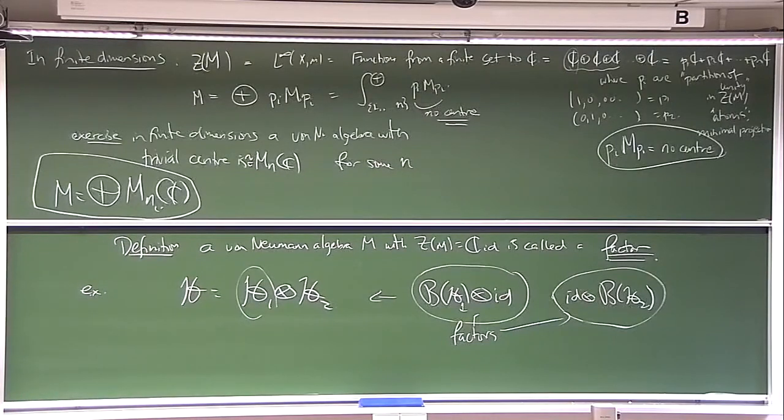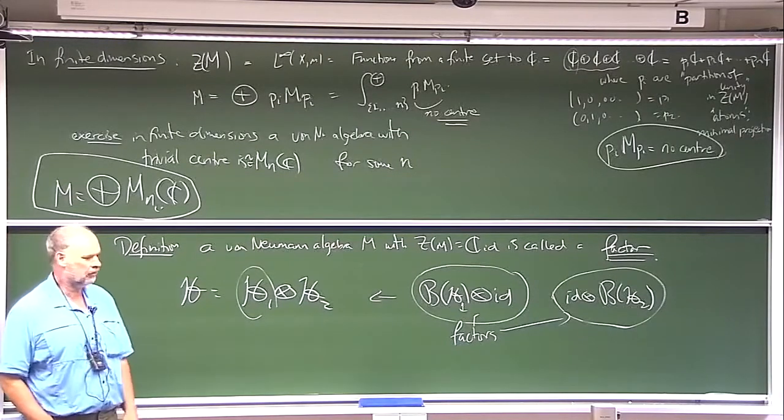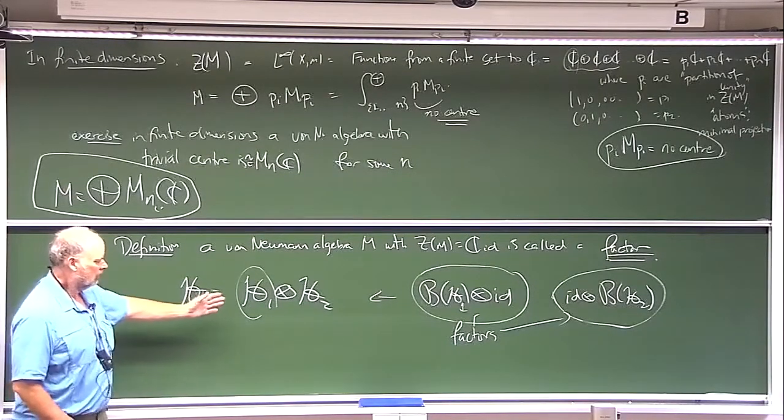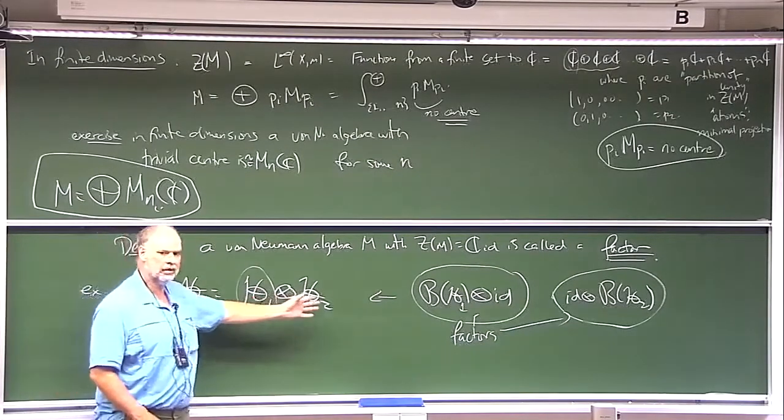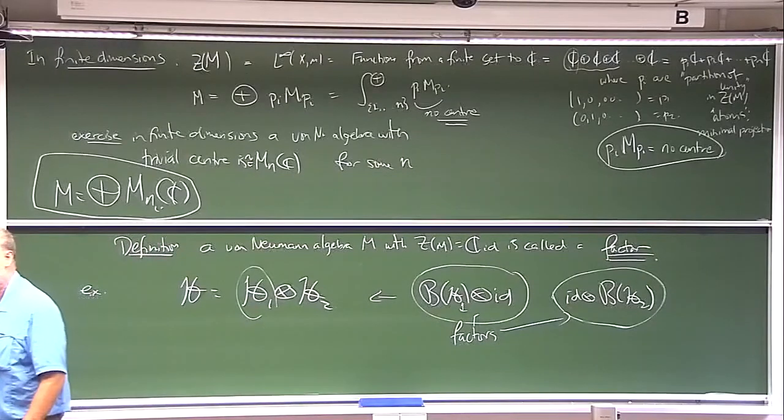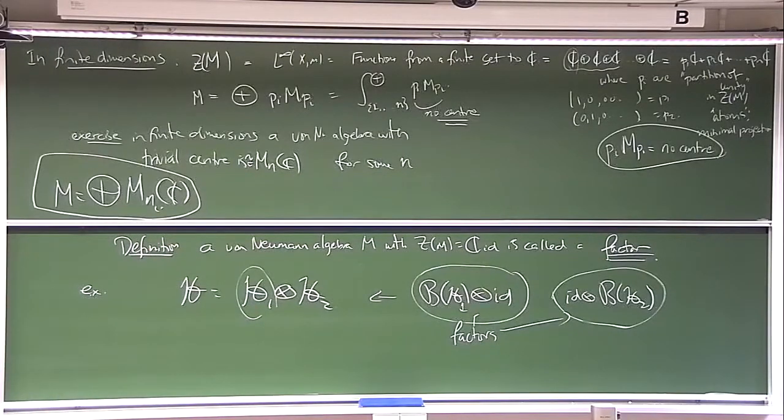And when you read the original papers of Murray and von Neumann, you get the feeling that what they started out trying to do was to show that every factor corresponds to a factorization of the Hilbert space in this way. Okay? That feeling, I guess it's never explicitly said, but it sort of permeates the philosophy of the first couple of papers.